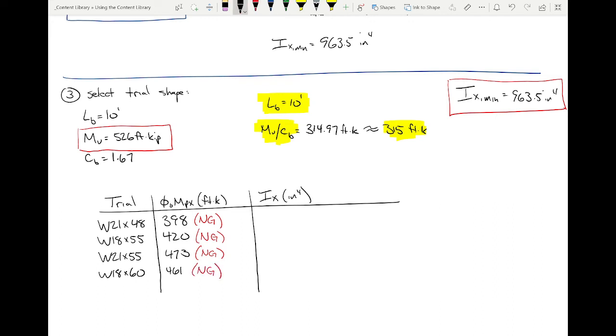What about the next one? 21 by 62. Now, what's its phi and P? 540. Ooh, 540. That means that might be a viable choice.